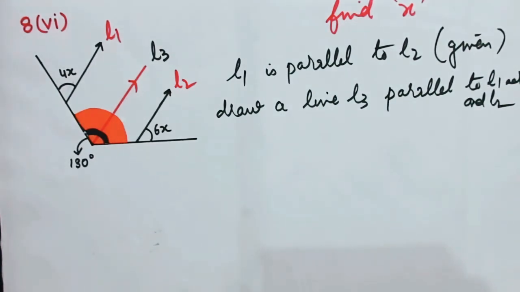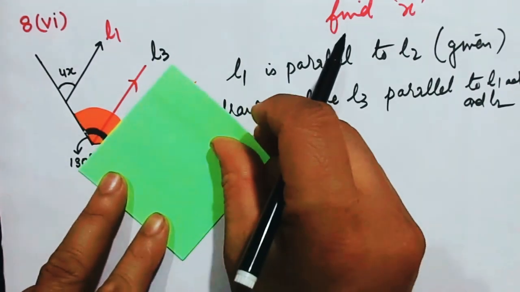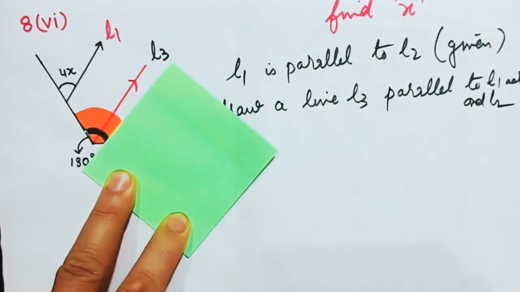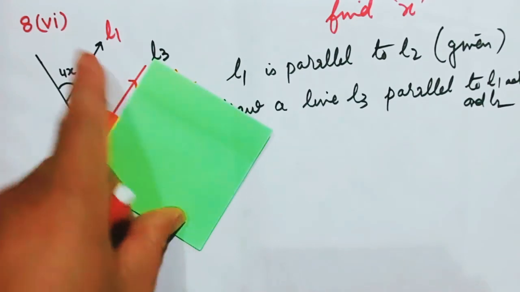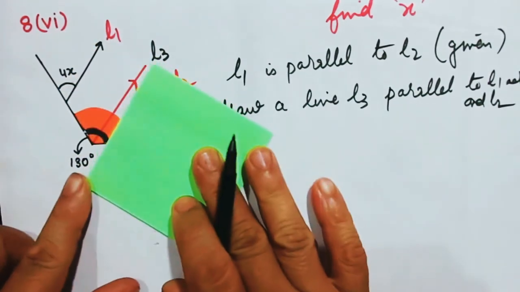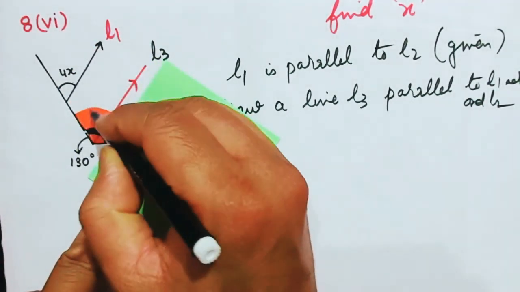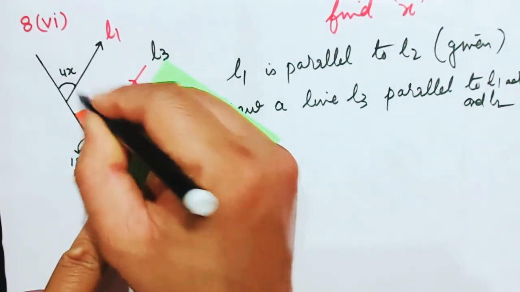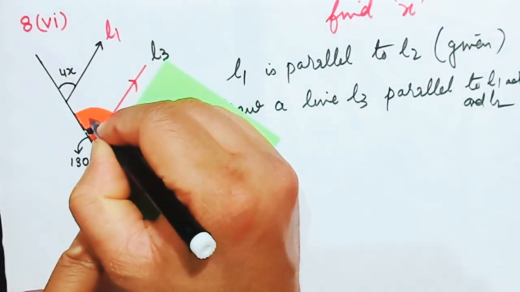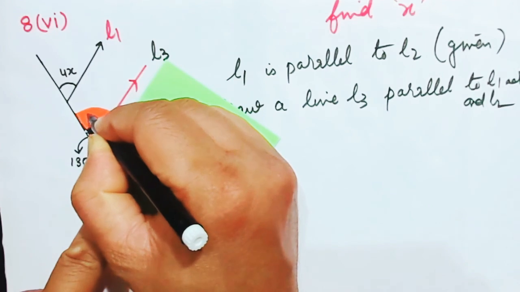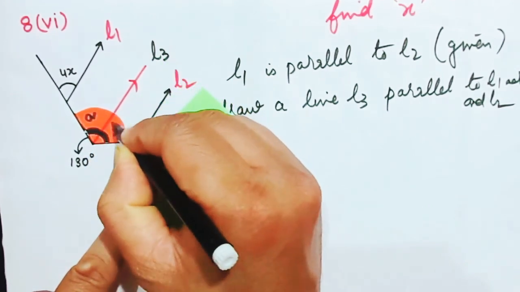Hiding this portion, L1 is parallel to L3, therefore this angle will be equal to 4x. Let us write A here and B here.